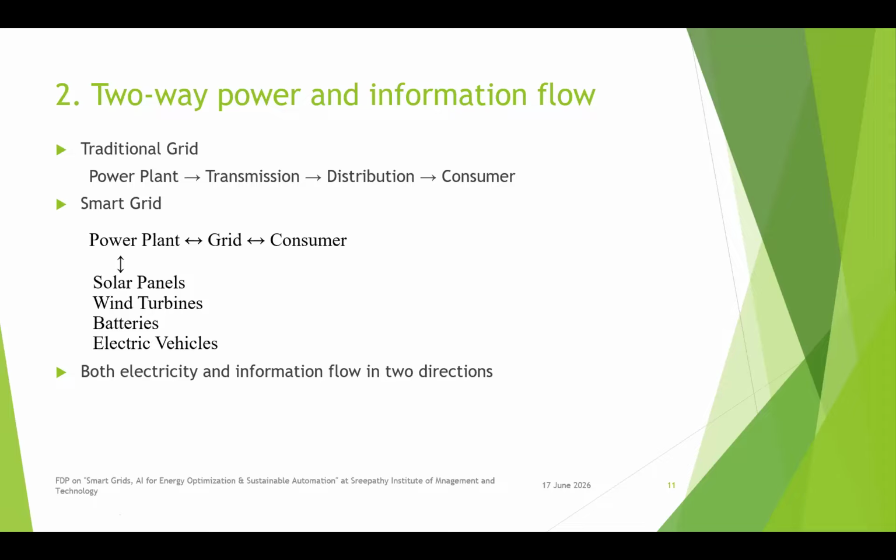From the power plant to the grid system, then to consumers, and again it is fed back to the utility center. Through the utility center, all the data is transmitted again from the consumer to the distribution.